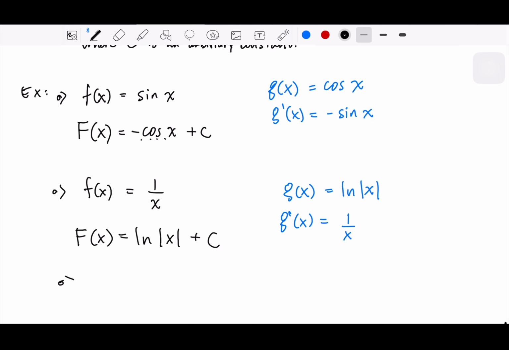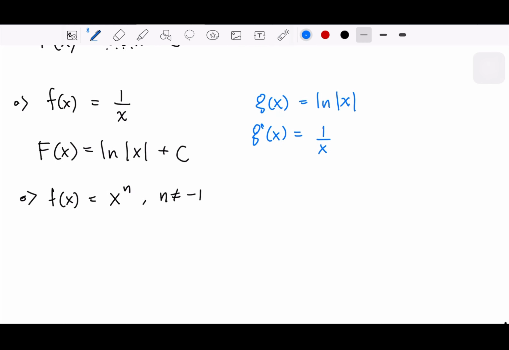And if we have x with a power of, let's say, n, where n of course is not equal to -1, because if n is -1 it will be 1 over x. Now to take this power, we take some examples, maybe x cubed.